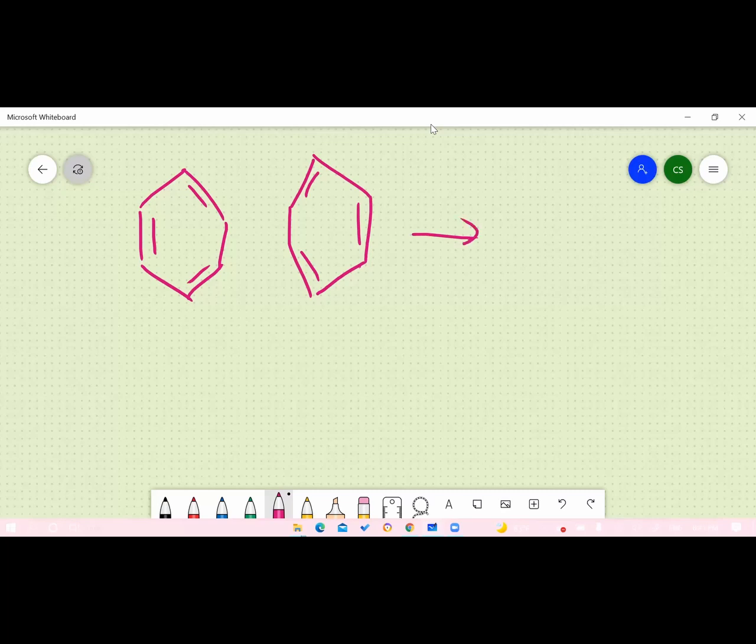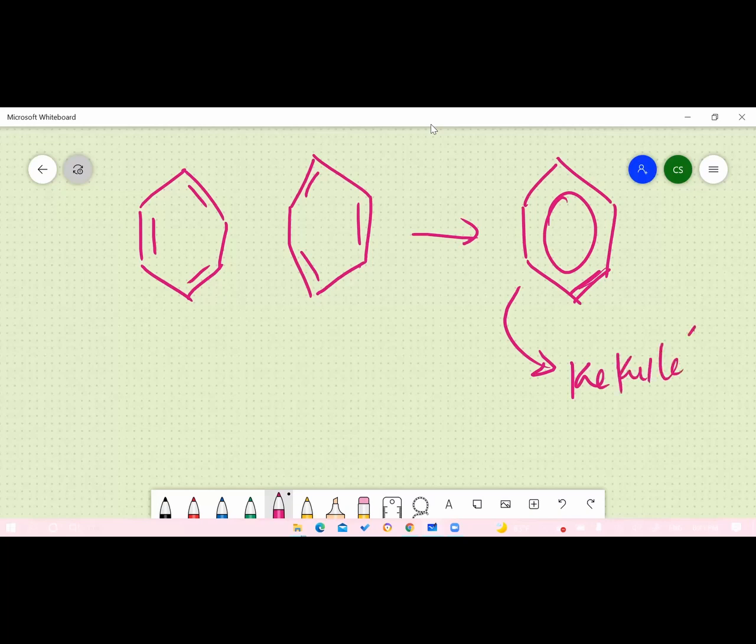So that's why we draw the structure like this with a circle. I said it was called Kekule's structure, and it's called a resonance hybrid, or these are called resonance hybrids, right?